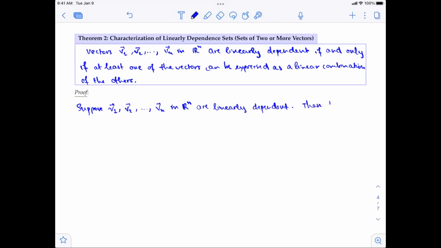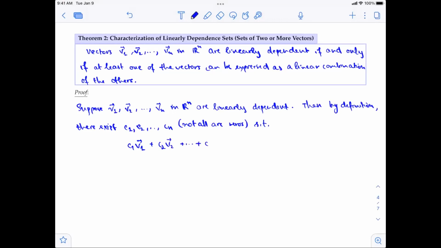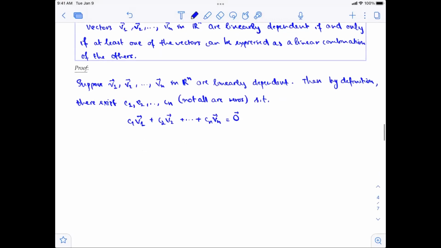Then by definition, there exist C1, C2 up to Cn, not all zeros, such that C1 V1 plus C2 V2 plus up to Cn Vn equal to the zero vector. So this is from the definition of the linearly dependent or linearly independent concept.